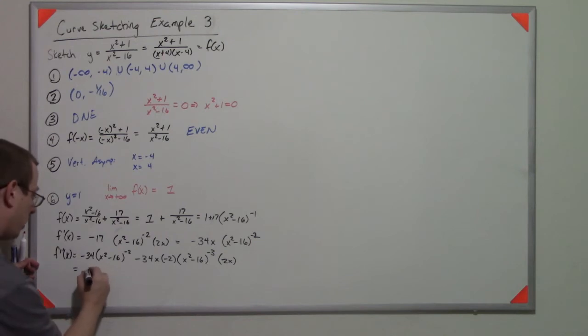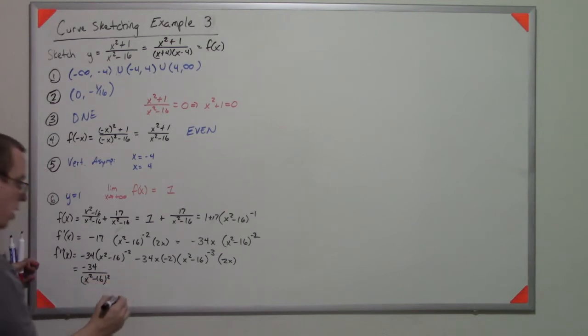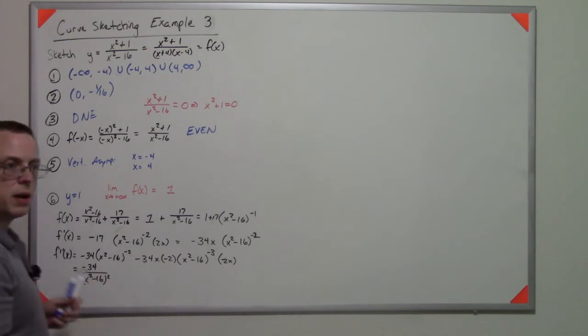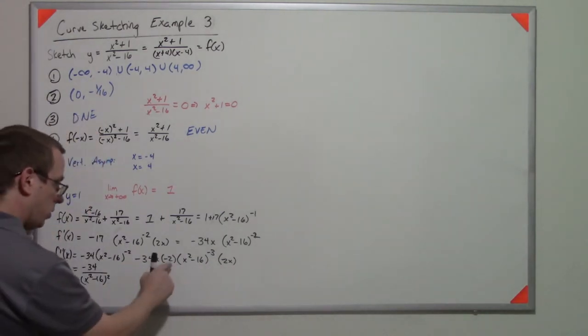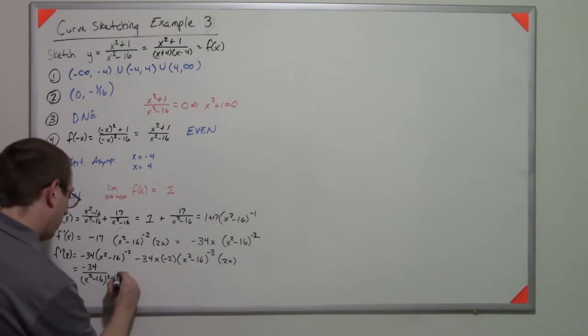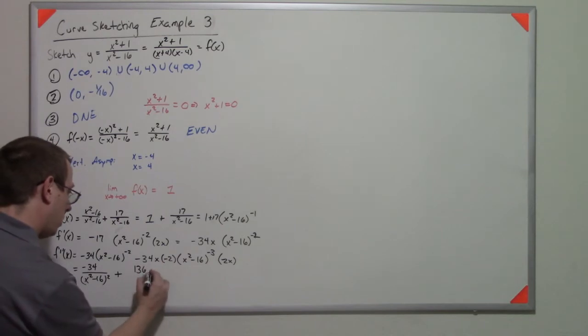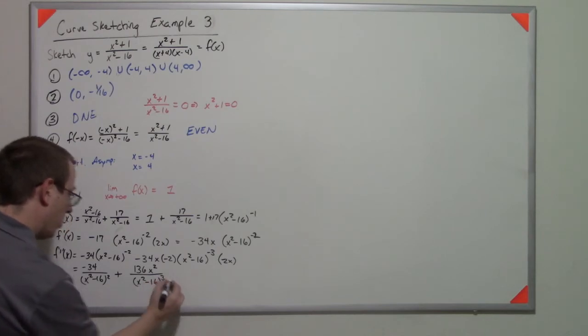So that becomes negative 34 over (x squared minus 16) squared, and then this all multiplies out, so that's 4 times 34 is 136, so that's negative negative makes a positive, plus 136x squared over (x squared minus 16) cubed.